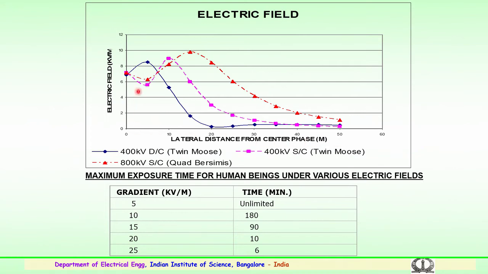It very clearly shows 3 different curves here. The black curve corresponds to the 400 kV double circuit employing twin MOS conductors, that is, 2 MOS conductors are used in a double circuit.